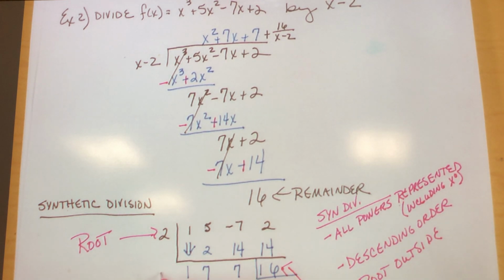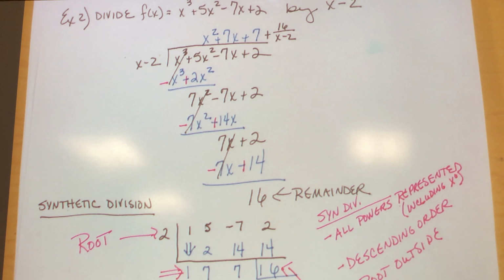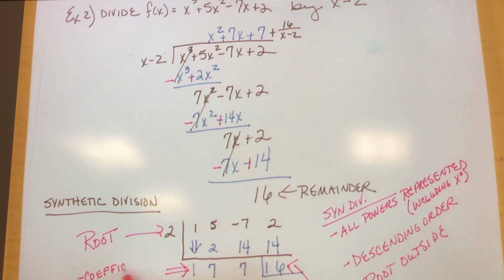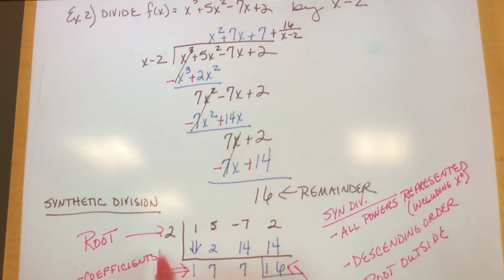Let's talk about these guys. These are the coefficients of the answer, or I'm going to call it the quotient, because that's what it is. The answer when you divide is called the quotient, so I'm going to call it the quotient. You call it whatever you want to, guys. It's your notes. Make them where you understand them.